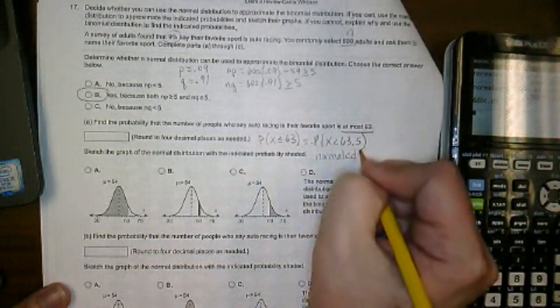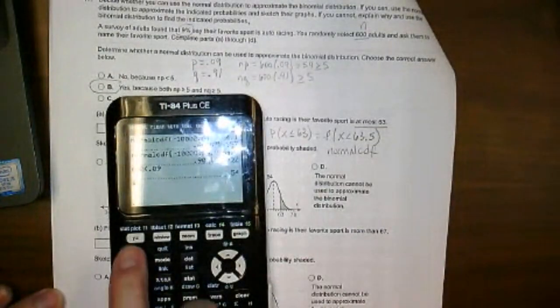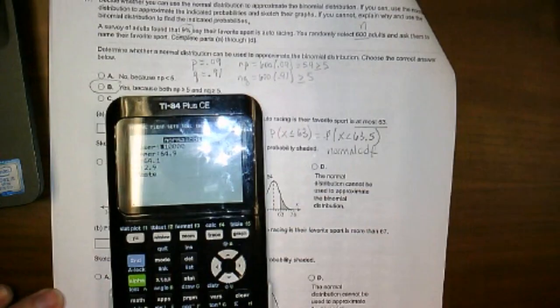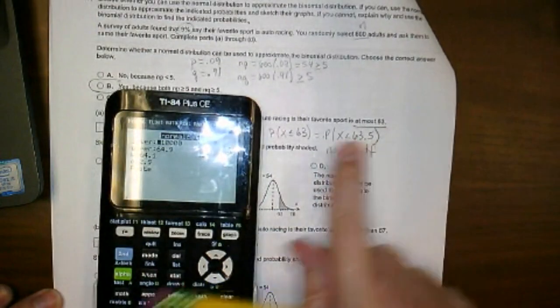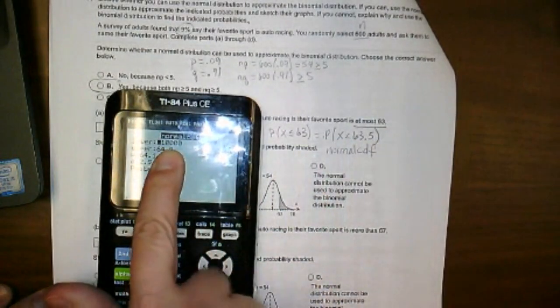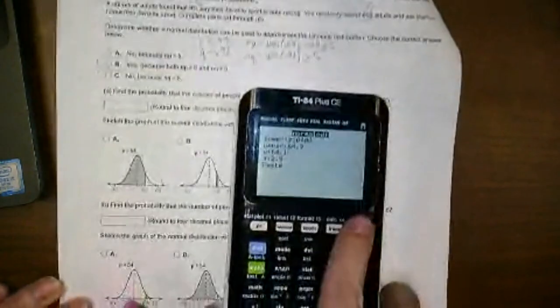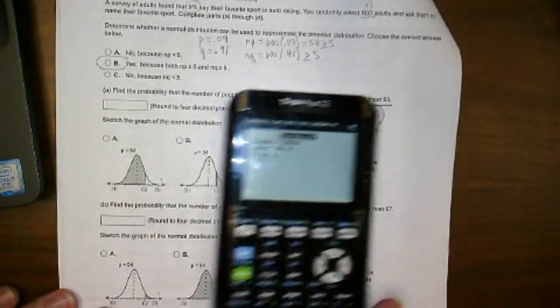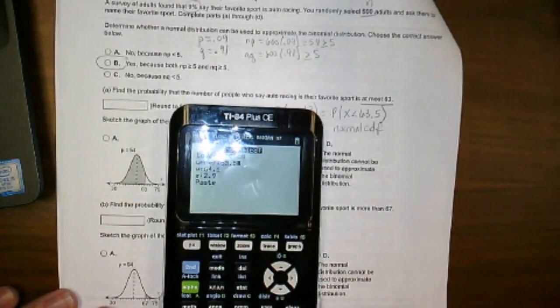So when I look at my normal, okay, if you're less than 63.5, your lower limit is unbounded, and then your upper is 63.5.